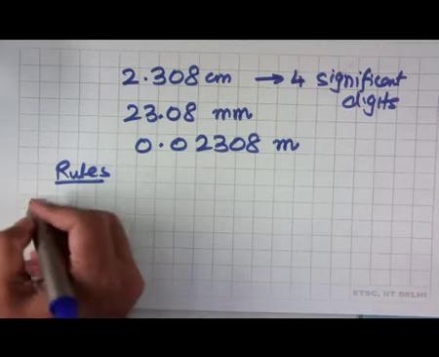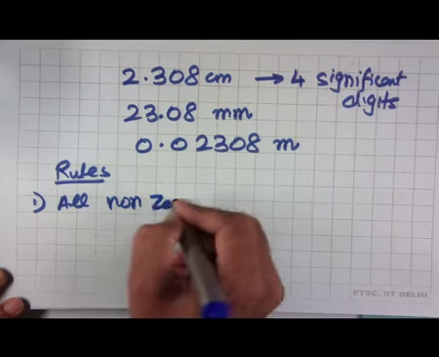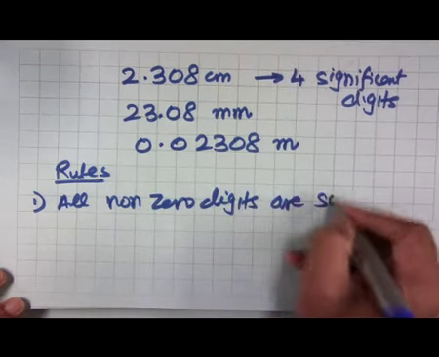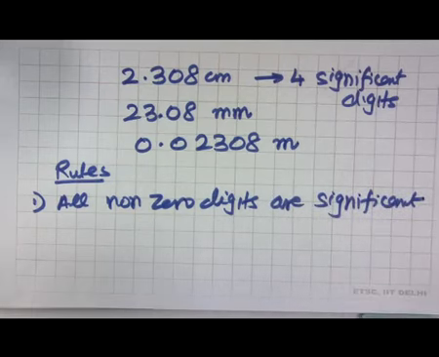The first rule is that all non-zero digits are significant. So, wherever there is a non-zero digit in a measurement, that has to be counted as a significant digit.